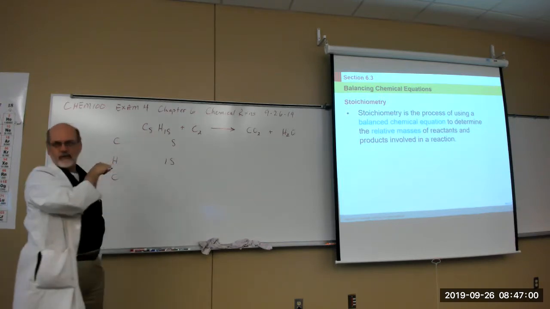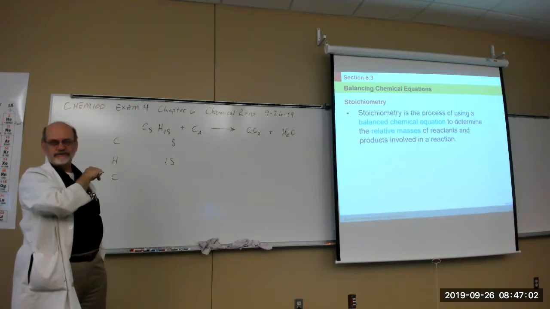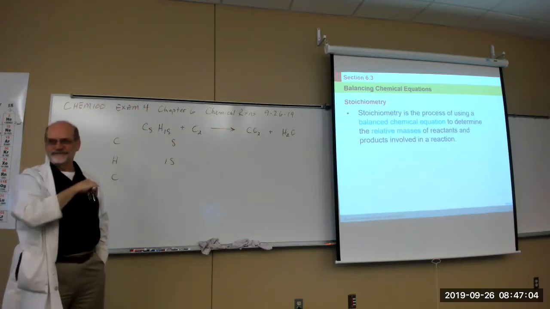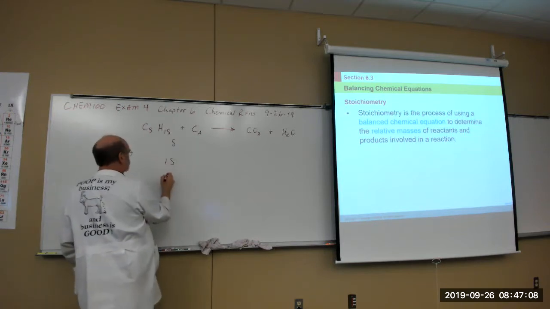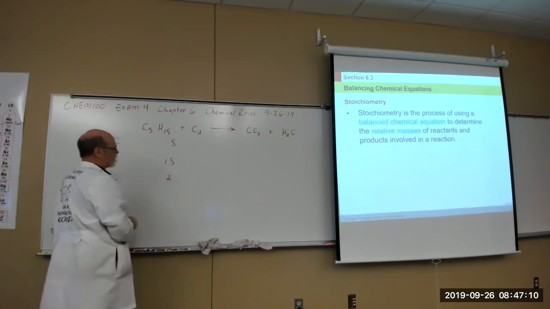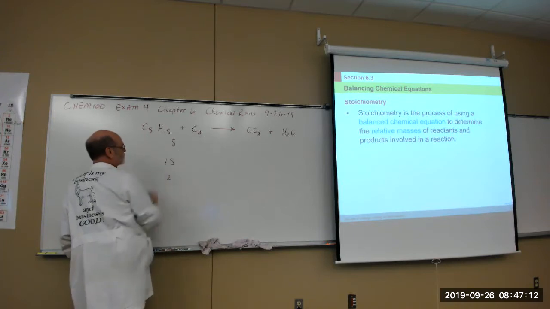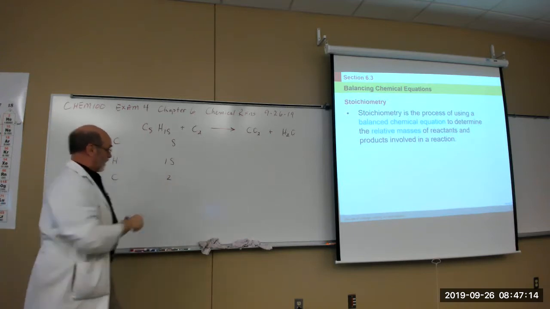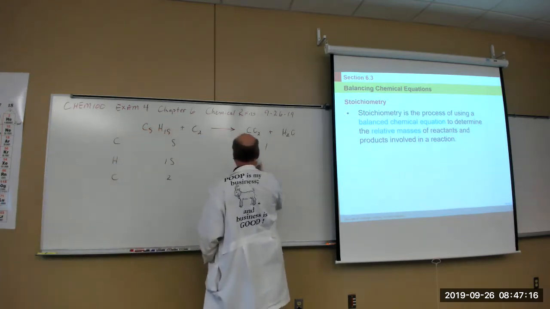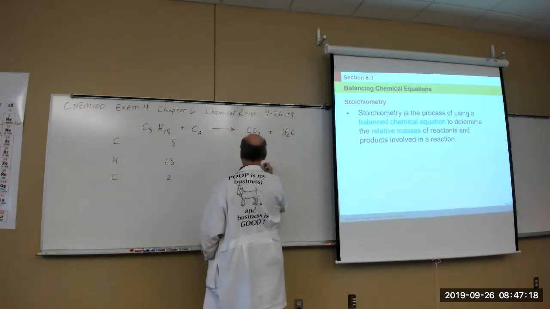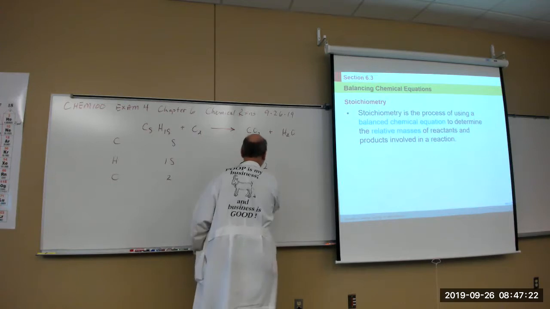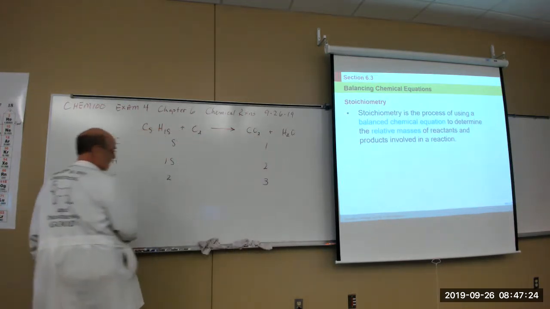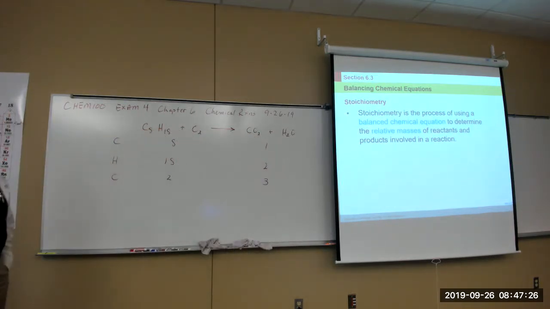You've heard that term before? Hydrocarbons? No? Okay, you have now. And oxygen. We have 2 oxygens because it's diatomic. And on this side, we have 1 carbon, 2 hydrogens, and 3 oxygens. Okay, that's obviously unbalanced.